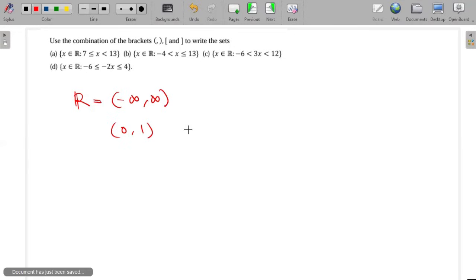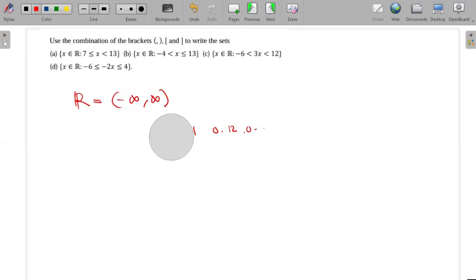You have 0.1, 0.12, 0.0001. There are a lot of numbers there. Because we cannot list them, we use set interval notation to represent these numbers.